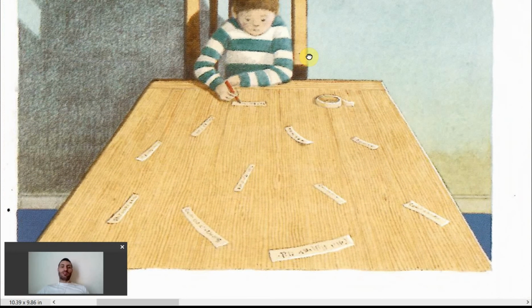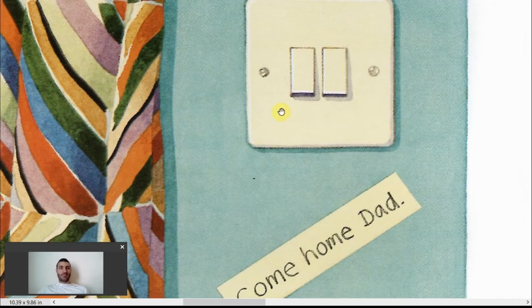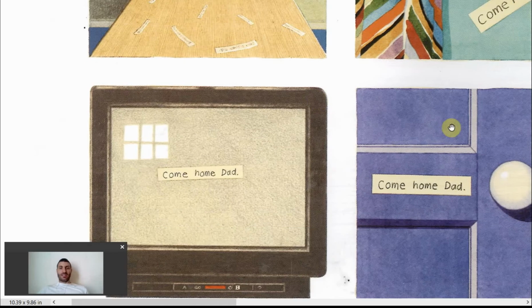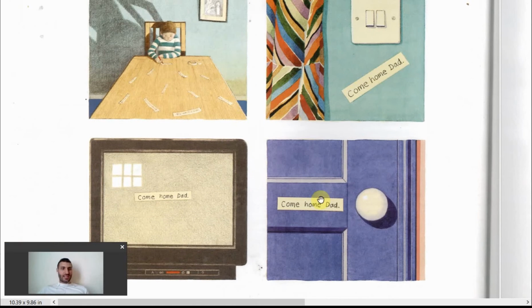He's writing all these notes, which we soon find out say, "I miss Dad," or "Come home, Dad." And he's doing it repetitiously. He sticks them all over the house: under the lights, on the TV, at the door. It'd be good to ask the students, why did he choose these locations?